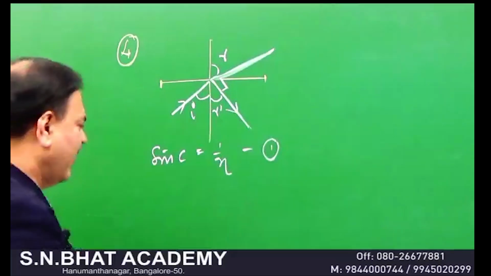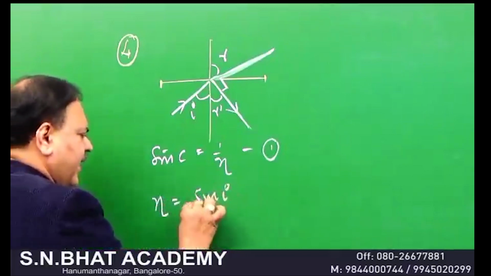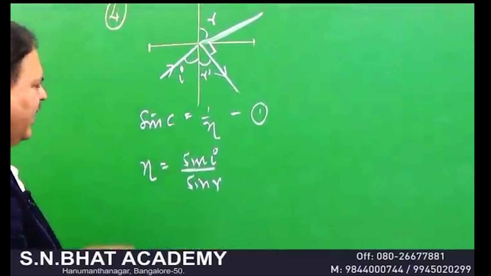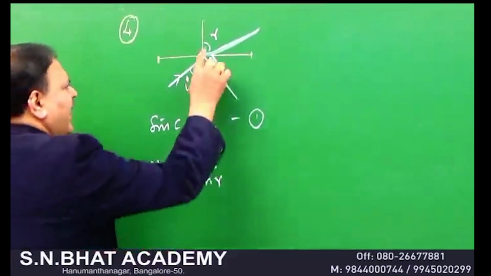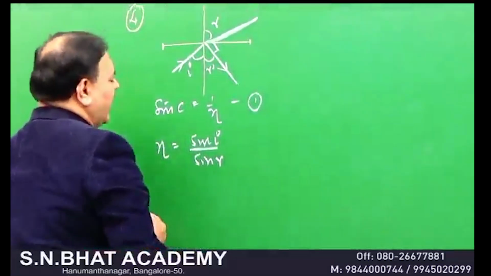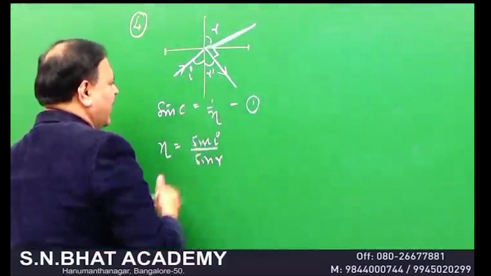And how to calculate the value of n? According to Snell's law, n is sine of I by sine of R, where I is the angle of incidence and R is the angle of refraction. How to calculate that angle of incidence or the angle of refraction?